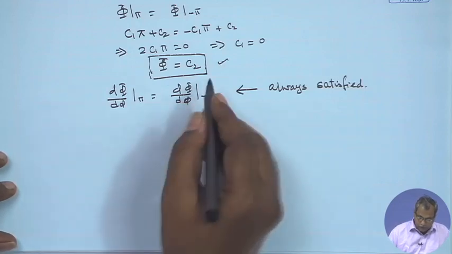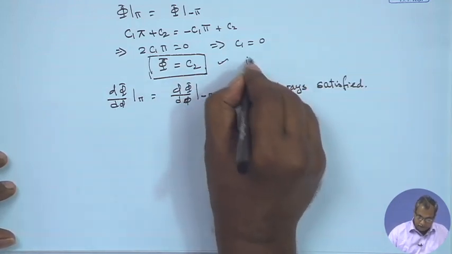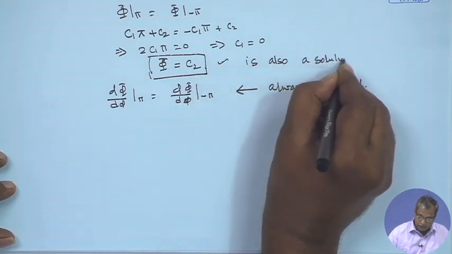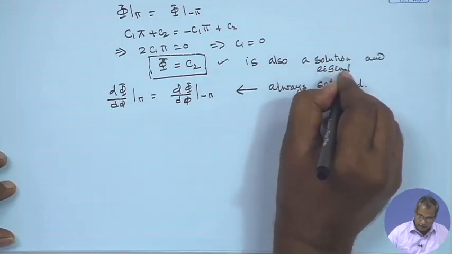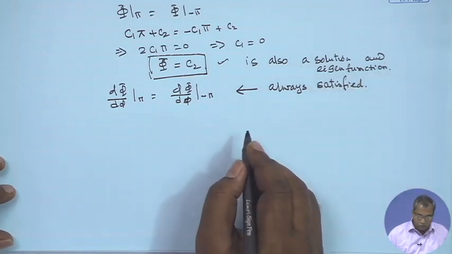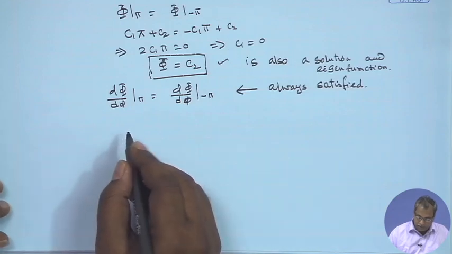So, therefore, phi equal to constant is also a solution and an eigenfunction. So, now if you combine, what are the eigenfunctions we are getting?